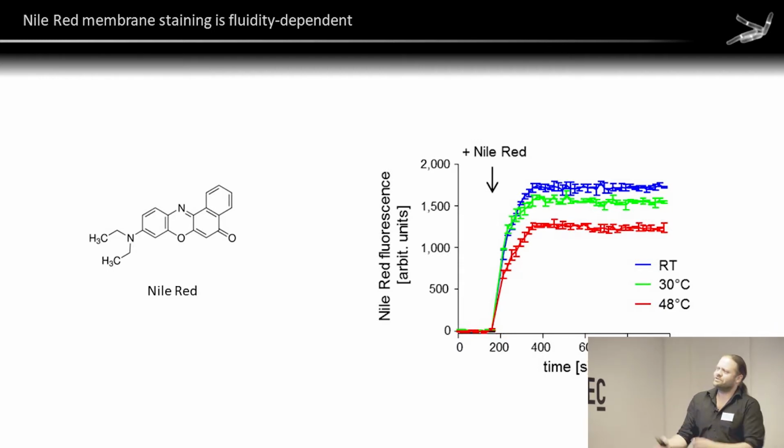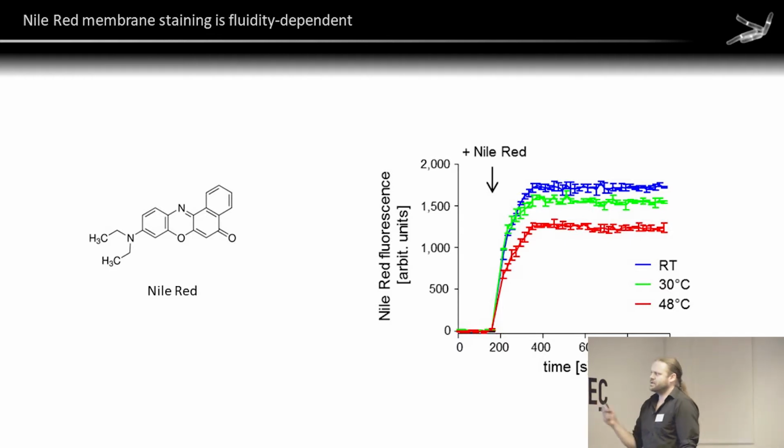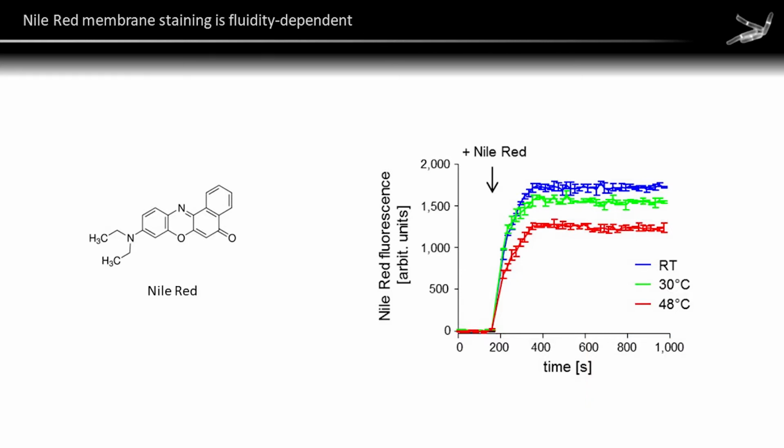Nile red is a neutral hydrophobic dye, but it's actually sensitive to fluidity. What I'm showing here is Bacillus cells. Nile red is non-fluorescent in solution, but when it incorporates into the membrane, the fluorescence picks up, and this is something we can measure just in a fluorimeter. What you are looking at here is measurement at 30 degrees of cells that are grown at 30 degrees, 48, or at room temperature.